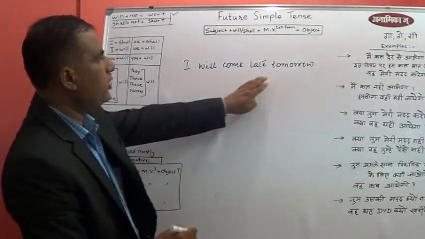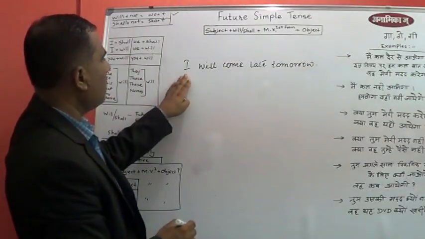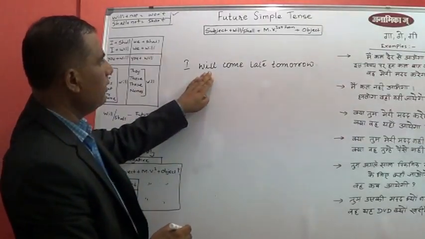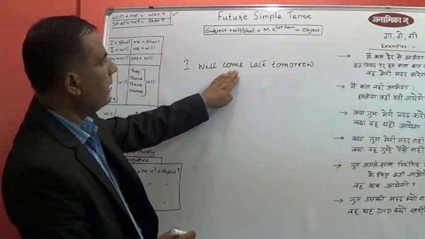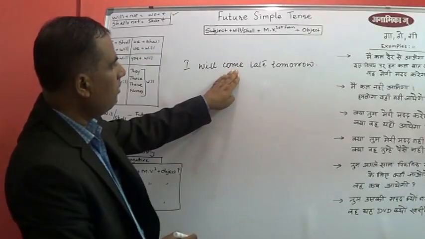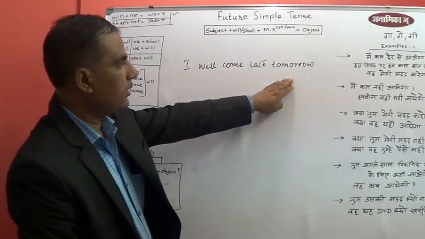I will come late tomorrow. As you can see, subject I is there in the beginning, and then we have the helping verb will and the verb in the first form, and finally we have an object.